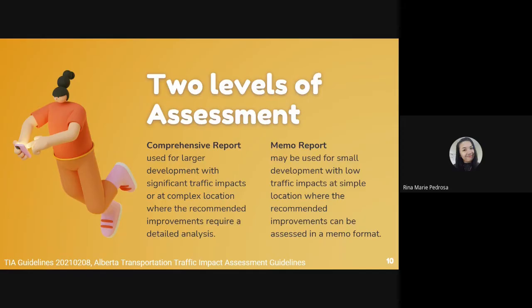So typically, a subdivision, pre-developed plan, or development that potentially generates high traffic volume requires a comprehensive traffic impact assessment.